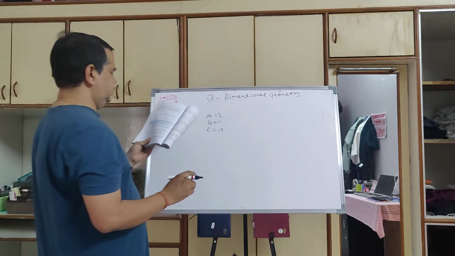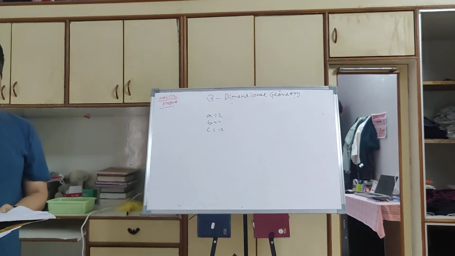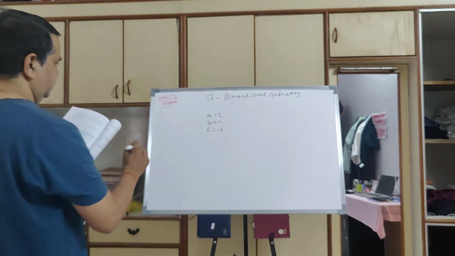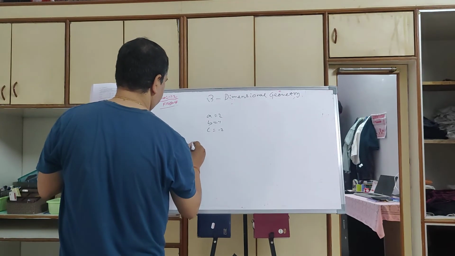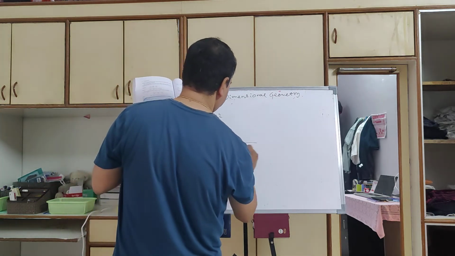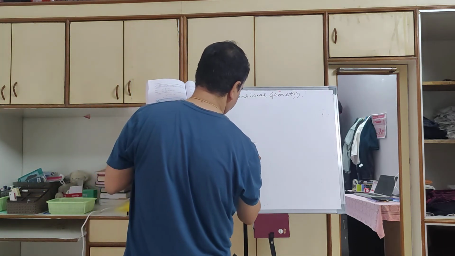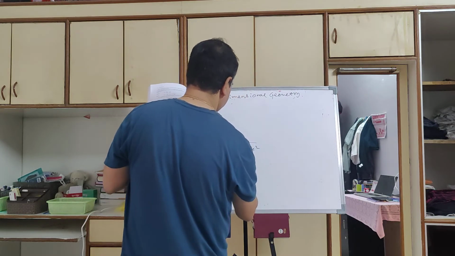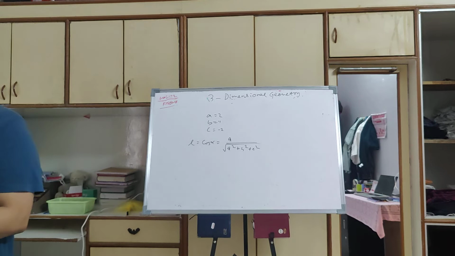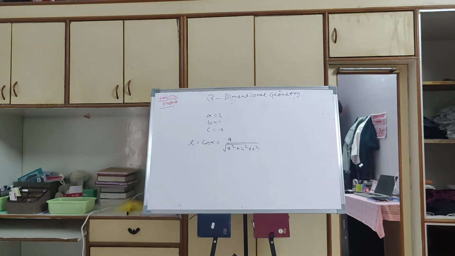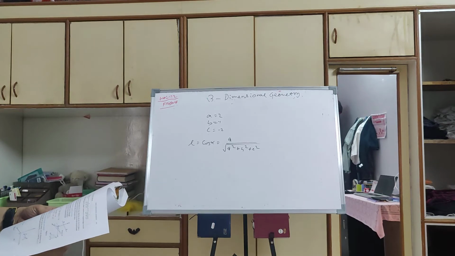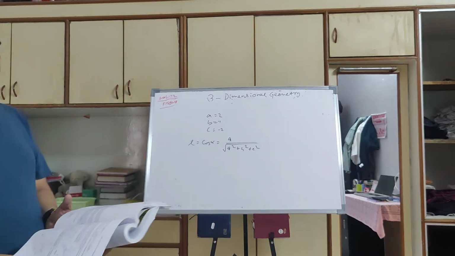The direction cosine L is equal to cos alpha, which is A by square root of A square plus B square plus C square. That is 2 by square root of 2 square plus 1 plus 4.